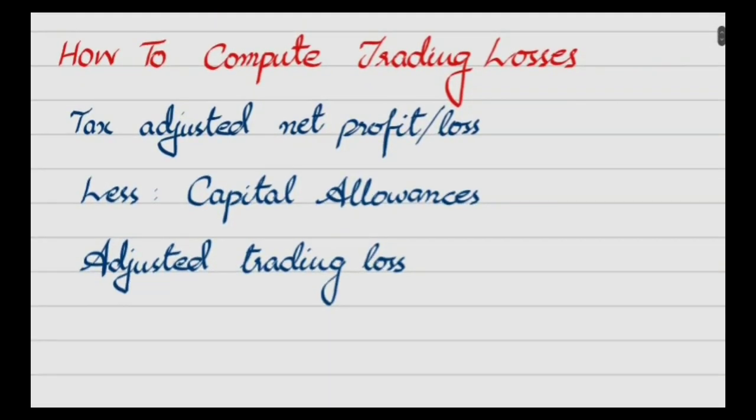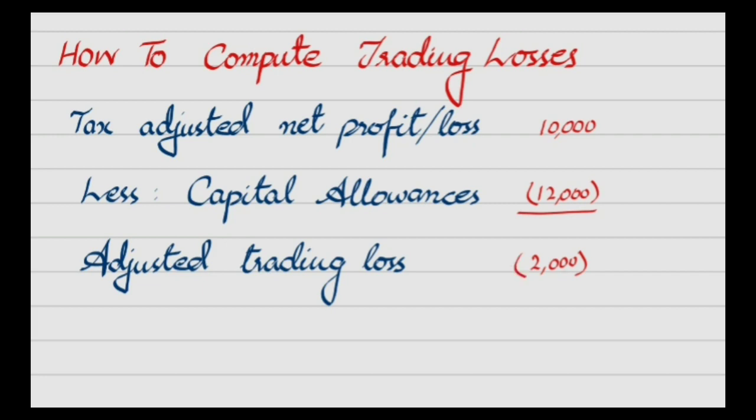So first, how to compute trading losses. Tax adjusted net profit can convert into losses as a result of capital allowances. Like if tax adjusted net profit is 10,000 and capital allowance available is 12,000, this capital allowance will change the tax adjusted net profit into an adjusted trading loss of 2000.